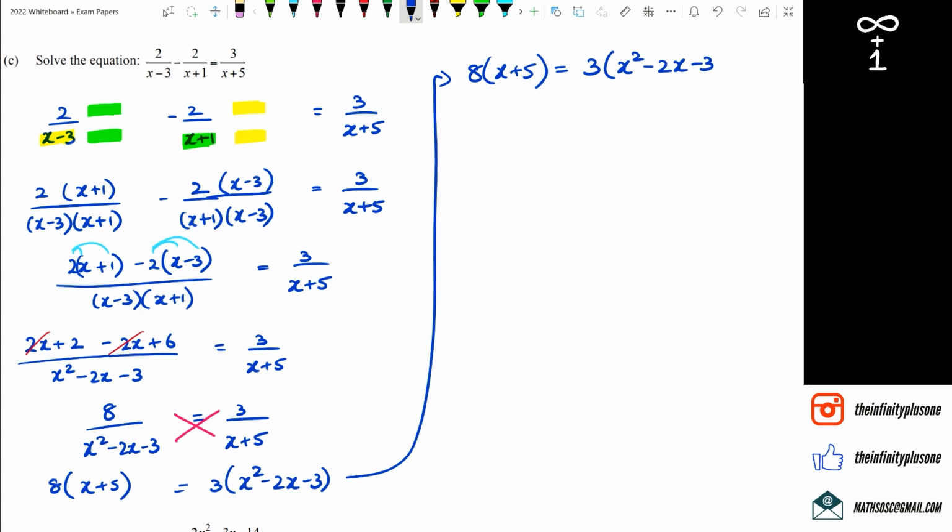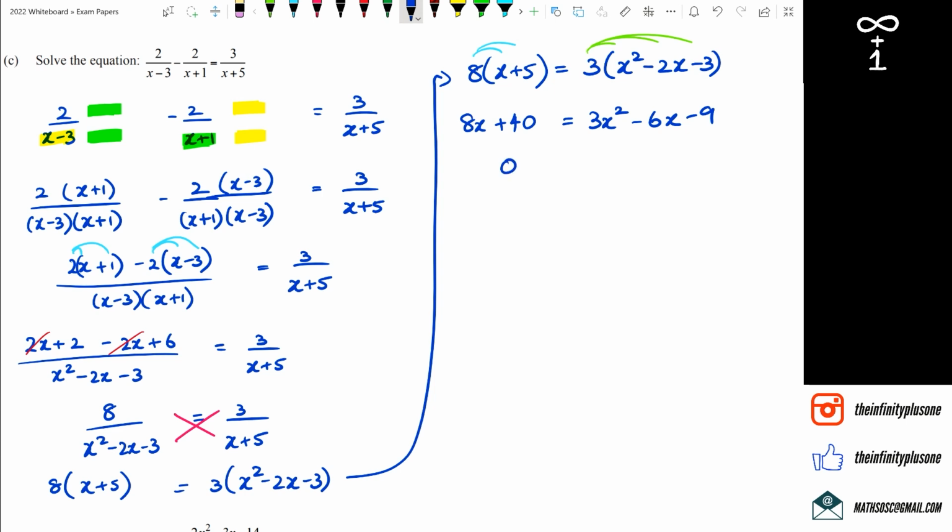So I've got to expand the next lot of brackets. So I've got 8 times x is 8x, 8 times 5 is 40, equals, expand the next lot of brackets. I've got 3 times all of those 3 things there, which is going to be 3x squared minus 6x minus 9. And of course, I've got to rearrange this so that it's a nice quadratic equation.